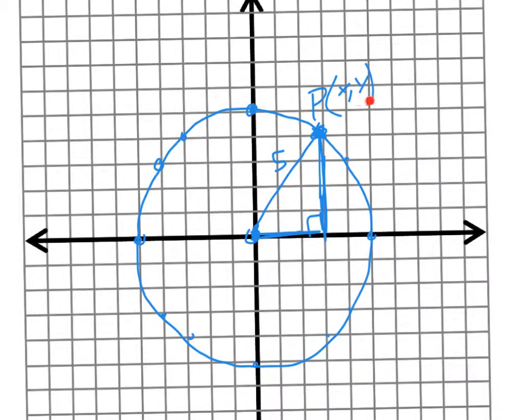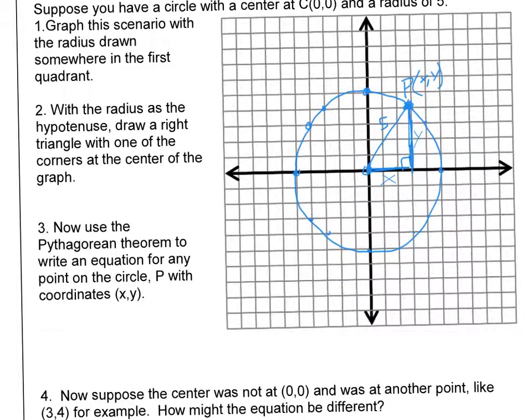If this is point x, y, wouldn't this distance over here just be x, and this distance up and down just be y? If that's true, we can write an equation for any point on the circle using Pythagorean theorem. We could say that x squared plus y squared will always equal 5 squared. There we go, we've done it.